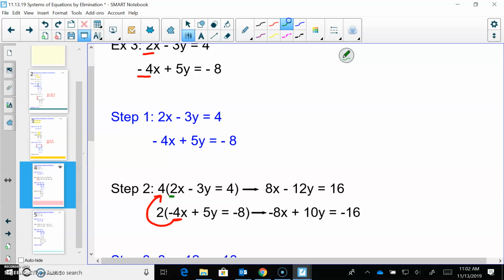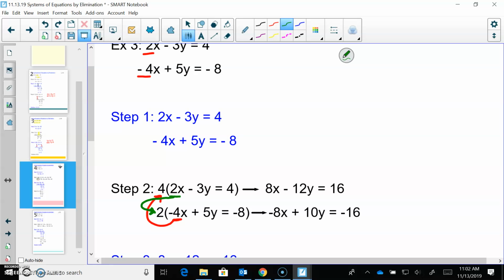Because I have a 2 at the top in front of the variable that I'm trying to eliminate, I'm going to multiply the bottom by that number, because 4 times 2 is the same thing as 2 times 4. Because they already have opposite signs, I don't have to make one of them negative, so that's why one's a positive 4 and the other one's a positive 2.